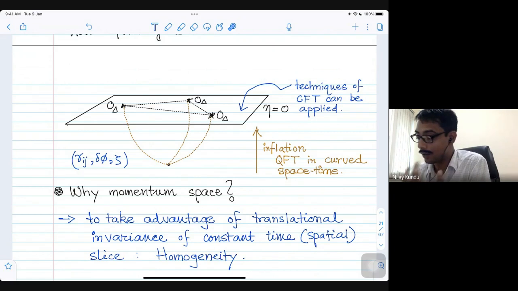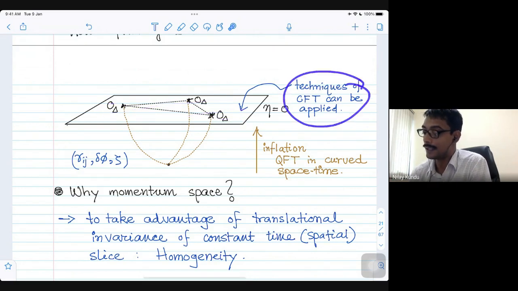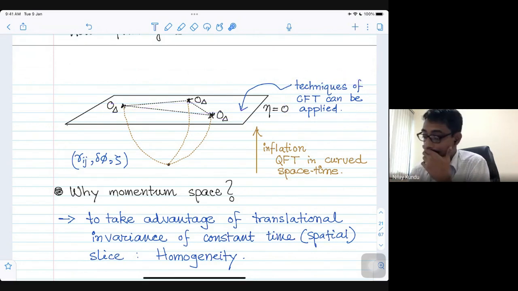All that technique we can use. We are after the correlation functions of fluctuations in the CMB. This is a CMB slice, if you can say that, and you can use this CFT technique on it. That's where conformal field theory comes in. And why momentum space?